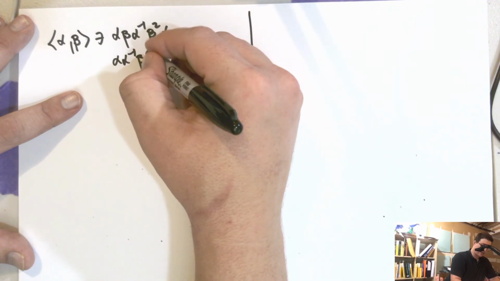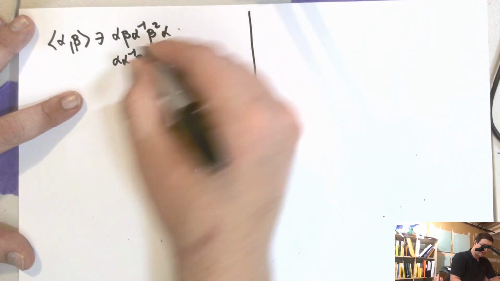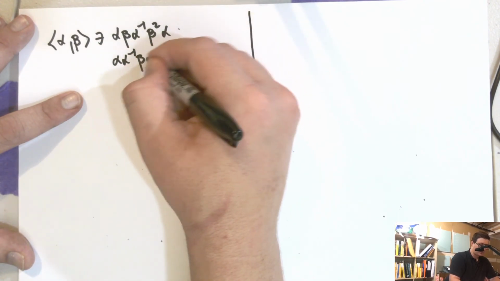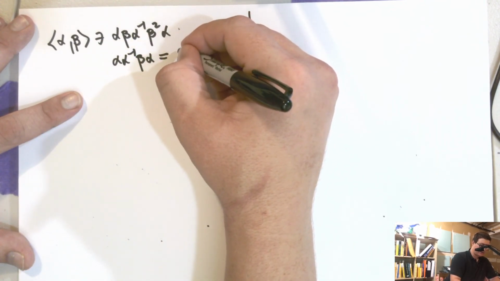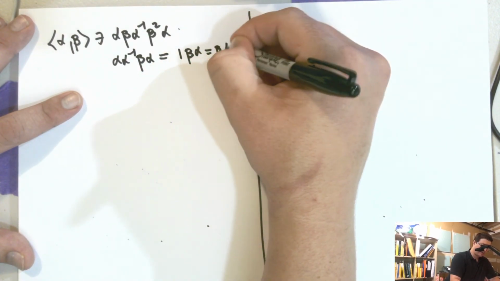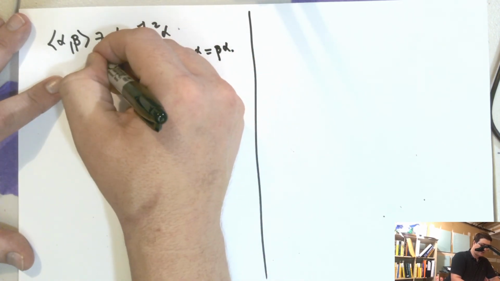Let's do it like this. So this one here, you're actually allowed to contract those, right, because they're next to each other, but you can't commute the betas and the alphas. So this is 1 times beta alpha, and then this is just beta alpha. Okay, so this thing is in here.